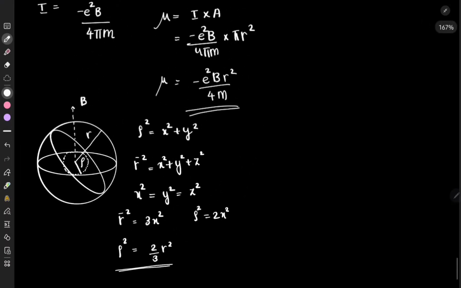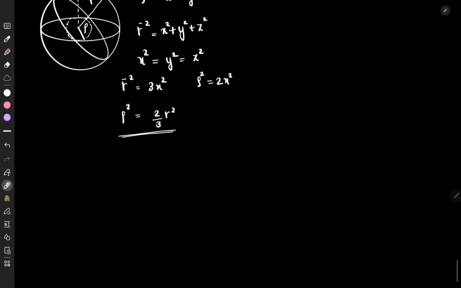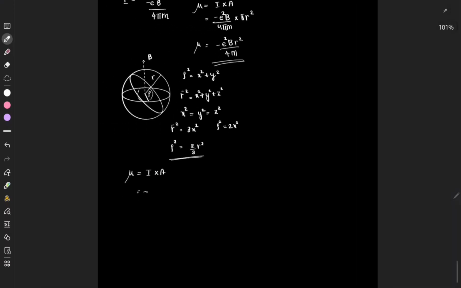Now instead of using pi r square, we can use pi rho square, and rho square is nothing but 2 by 3 r square, and you will get mu. So the equation for mu was nothing but I cross A. We found I to be minus e square B by 4 pi m into pi rho square.